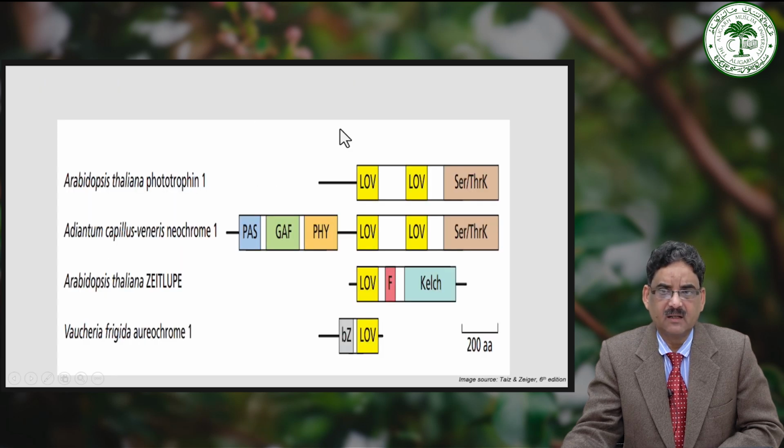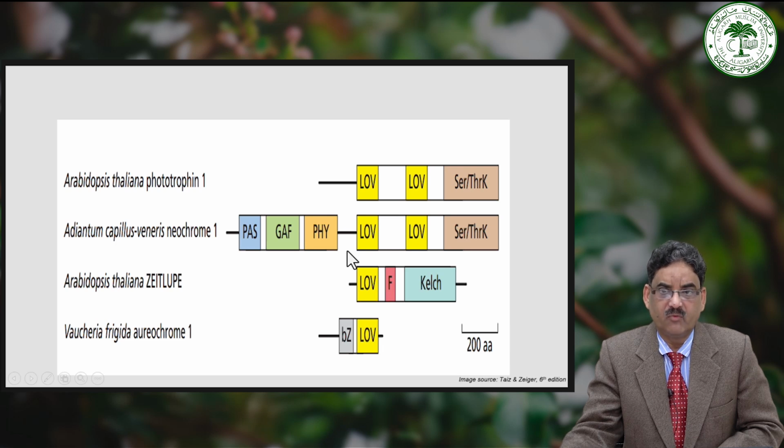This figure illustrates the domain structure of Arabidopsis thaliana phototropin 1 along with three related blue light photoreceptors found in plants and algae, that is neochrome, ZEITLUPE and aureochrome.